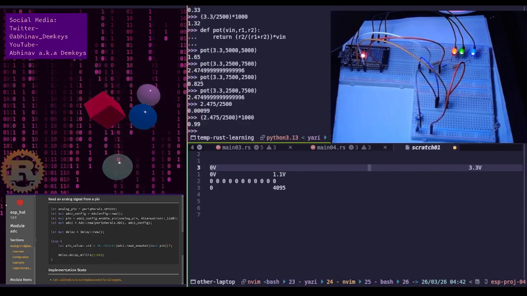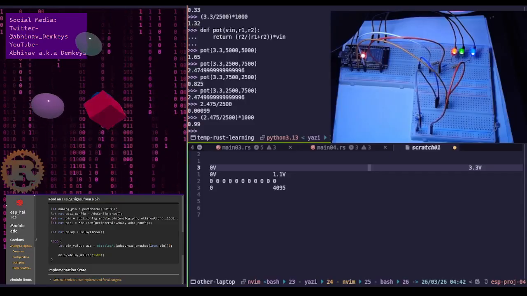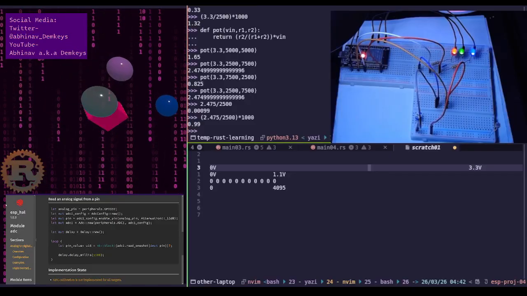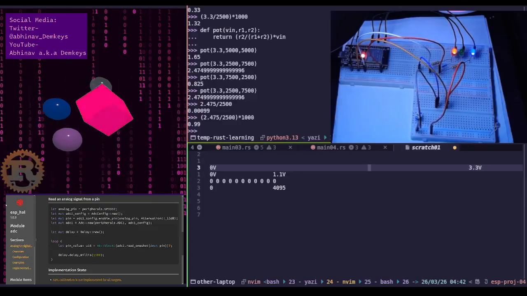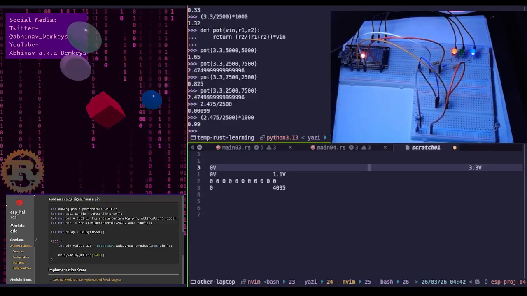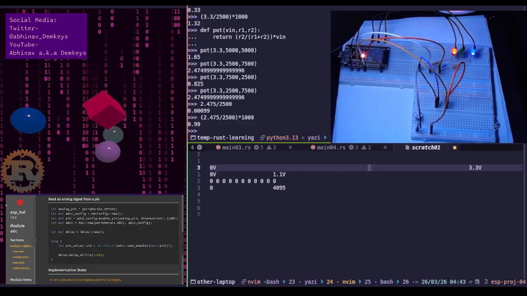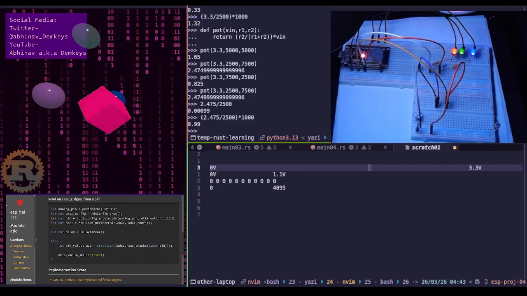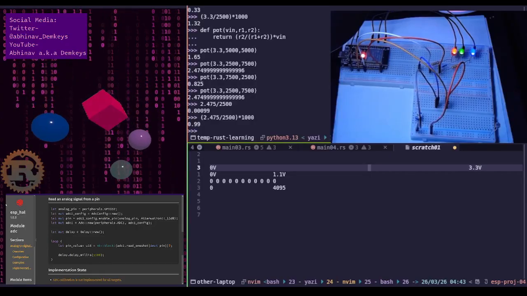Oh, okay. I was calculating. I wasn't considering the impedance of the pin. I was considering the resistance in the potentiometer itself.